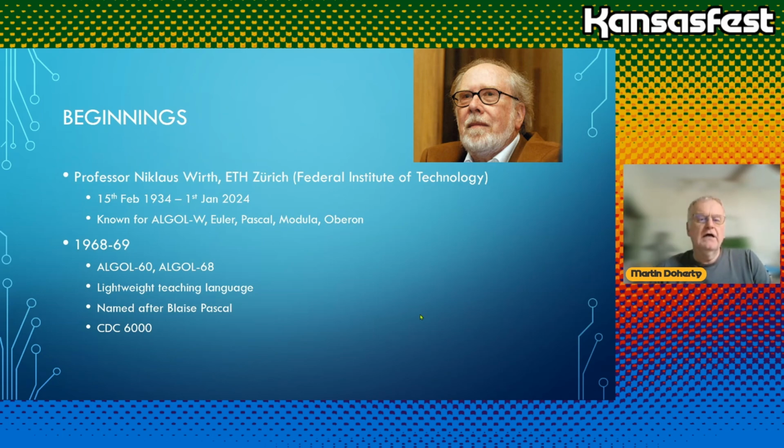He designed a lightweight teaching language. He wanted to be able to teach these new structured programming techniques to students, and he felt that the existing languages were not really suitable. So he came up with Pascal. He named it after the French philosopher and mathematician Blaise Pascal. And the very first system was a Control Data 6000 mainframe, but it spread around.